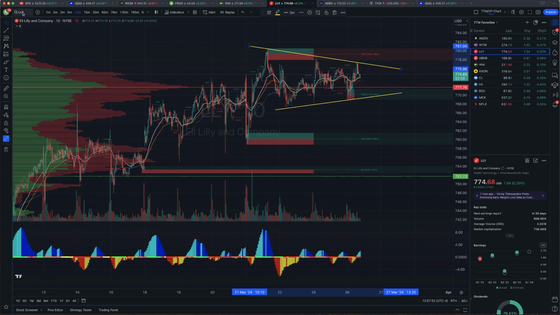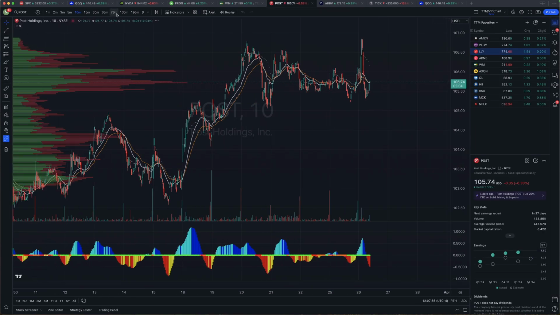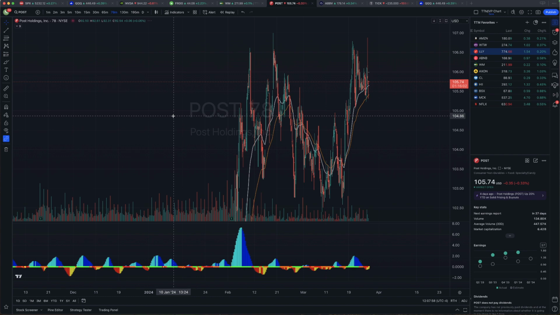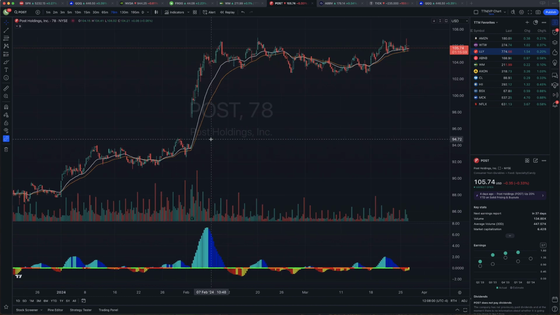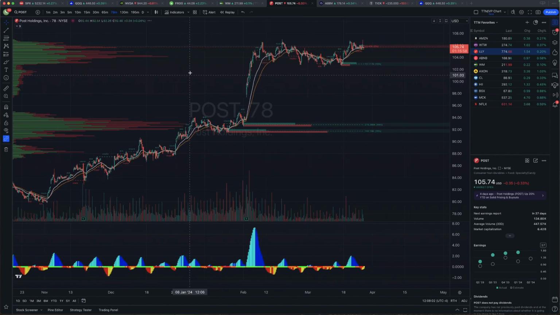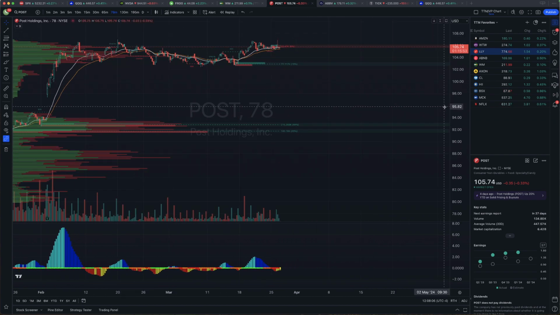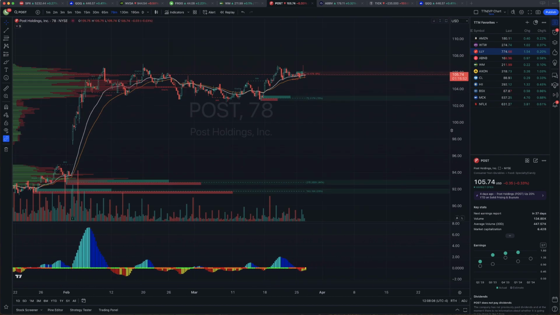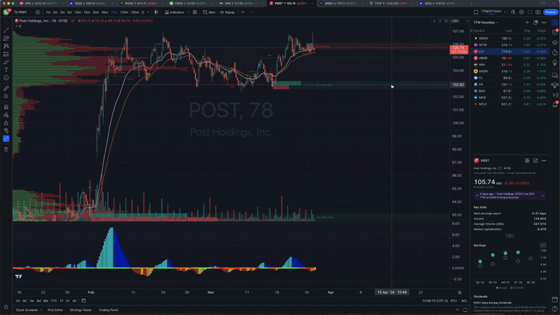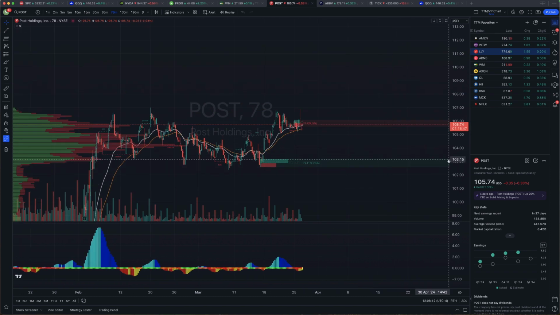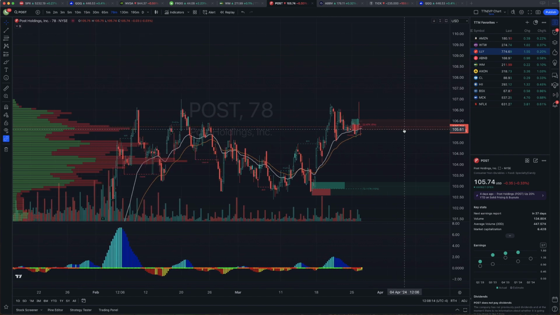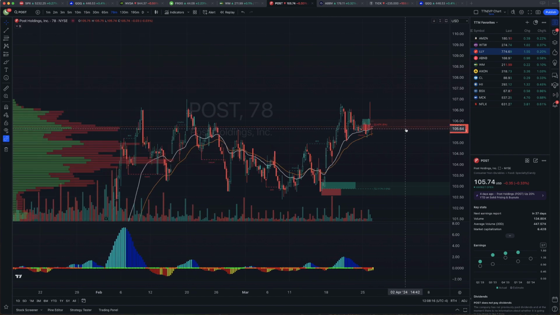Should we check out Post? I've seen you guys bring that up a couple of times on the 78. Oh yeah. Got a momentum shift right down into this point of control.